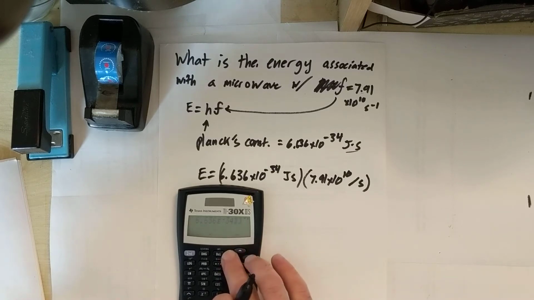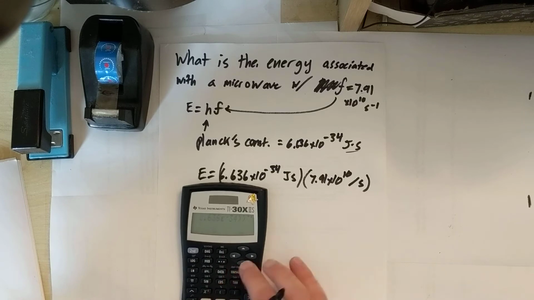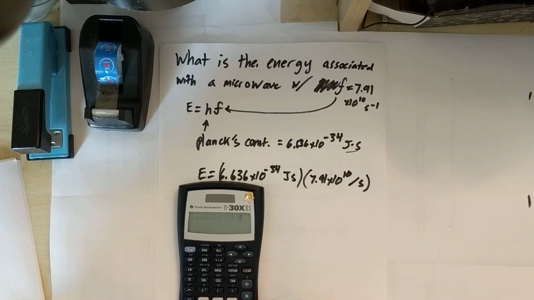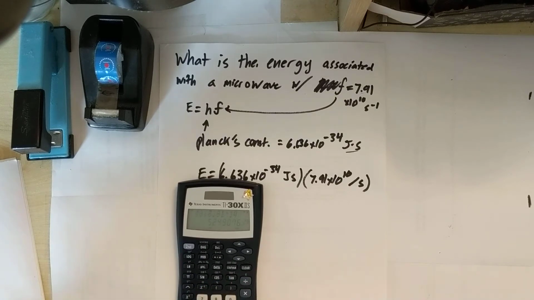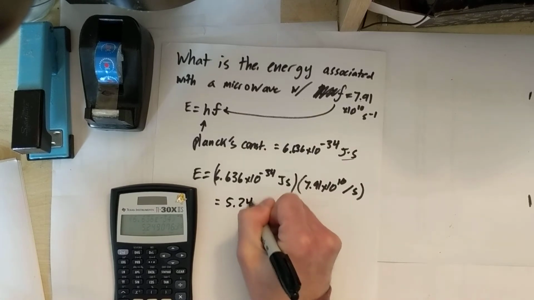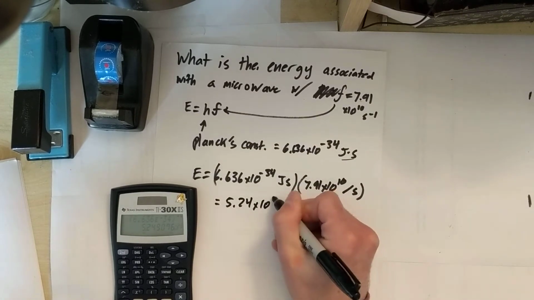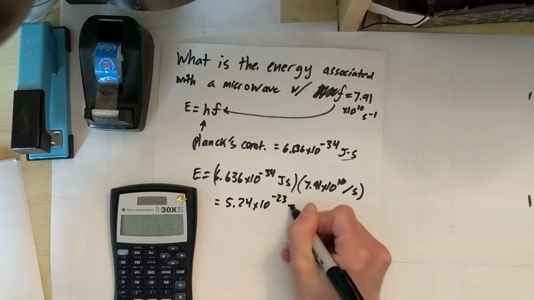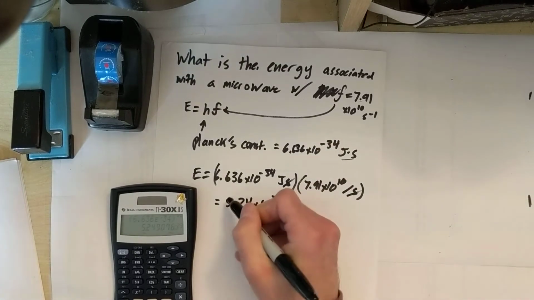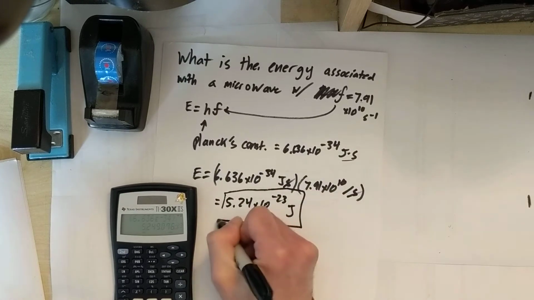If your numbers are off, make sure you're sticking your parentheses in there, because that's how the calculator knows what you want to calculate. Then we get 5.24 times 10 to the negative 23 joules, because this seconds cancels and this seconds cancels. And so that's the energy that's associated with this microwave.